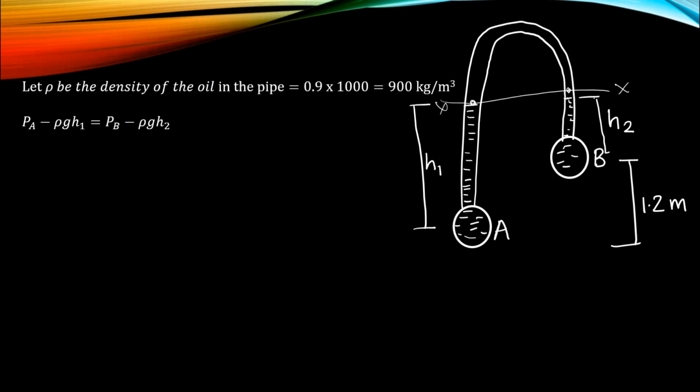So when we write down the pressure at both points which touch the datum line in both limbs of the inverted U-tube differential manometer, you can see the pressure in the left limb of this U-tube manometer is Pa minus rho into G into H1, where rho is the density of oil in this section and H1 is the height of the oil in the left limb, which is equal to Pb minus rho into G into H2, where H2 is the height of the oil in the right hand limb.